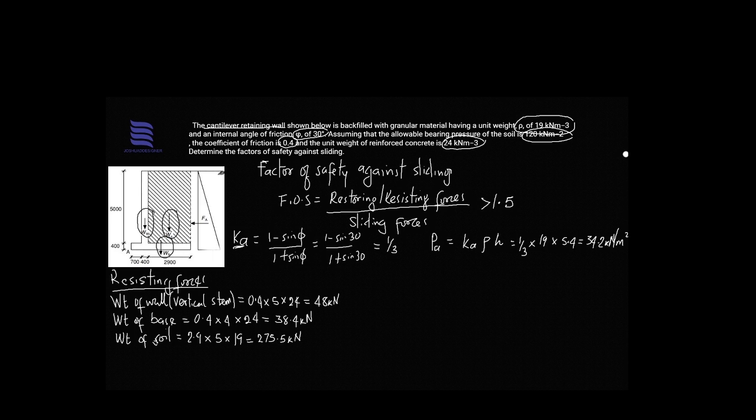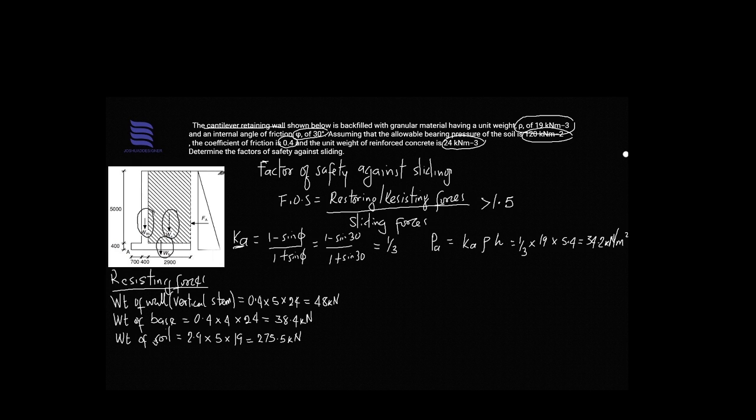So you will discover a thing if you're attentive. You discover that the unit of something like our unit weight of concrete is kilonewton per meter cube. So multiplying kilonewton per meter cube by 5 meter and by 0.4 meter should leave our unit as kilonewton per meter, right?